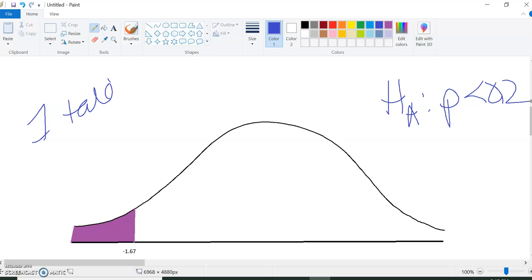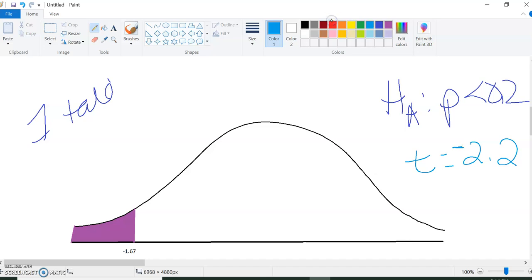Reject means I get to prove whatever it is. Say I had t equals negative 2.2. I would be able to say I reject the null, and therefore I have sufficient evidence to say that the proportion is less than 0.2 with this t value.